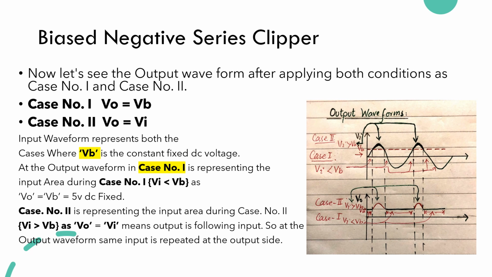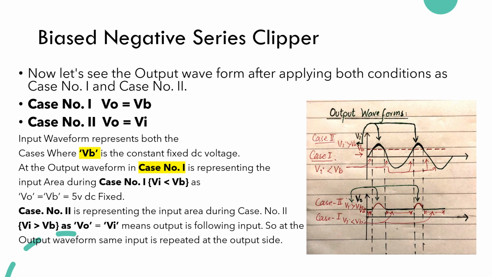So the output is 5 volts, constant or fixed at 5 volts. The areas with the red arrows at the output side, Vout waveform, are a straight line. This is a DC which represents the areas with the fixed 5 volts. And now case number 2 represents the input area when Vi is greater than Vb.